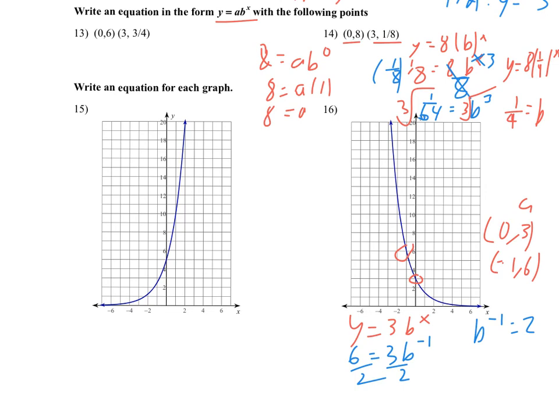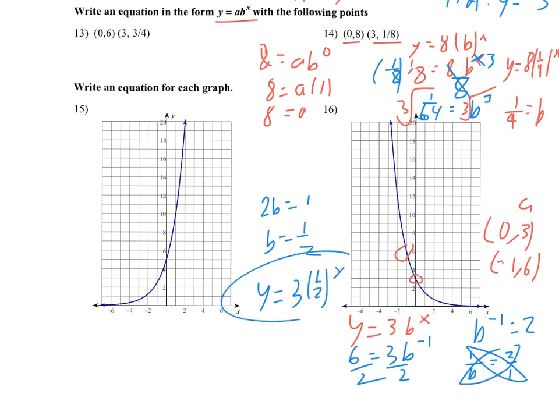If you want to show some work here, that would be that 1/b equals 2/1. And then if you cross multiply, 2b equals 1, so b equals 1/2. So I get y equals 3 times 1/2 to the power of x. You can see this is exponential decay, so that actually does make sense.